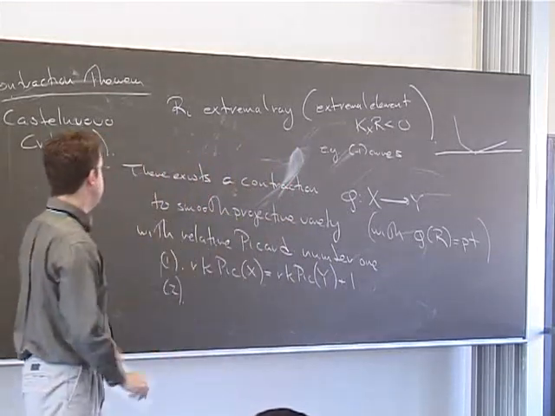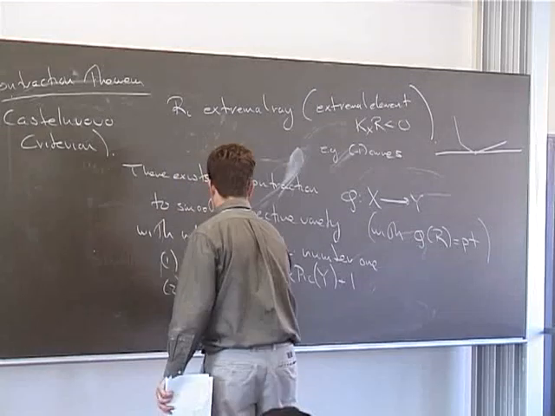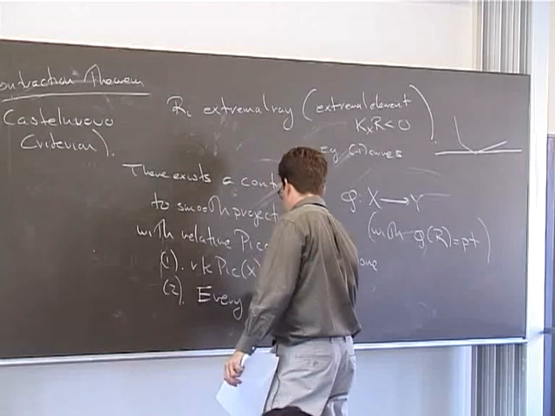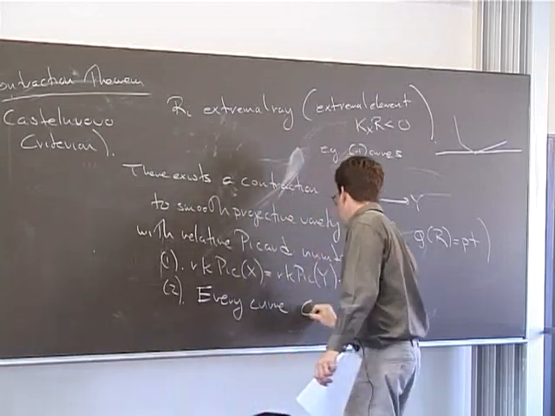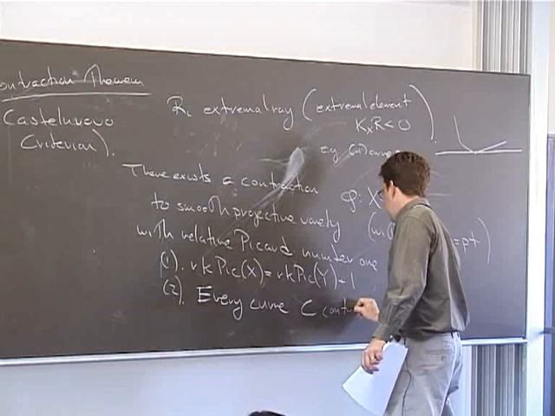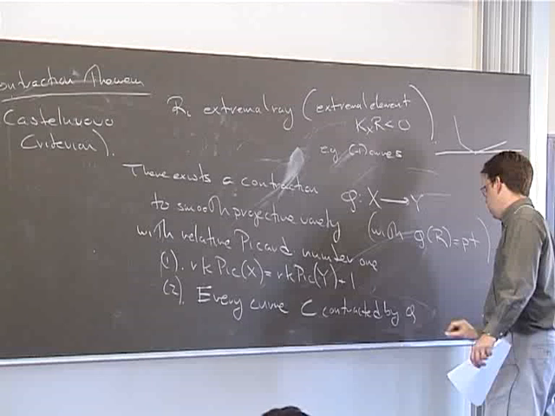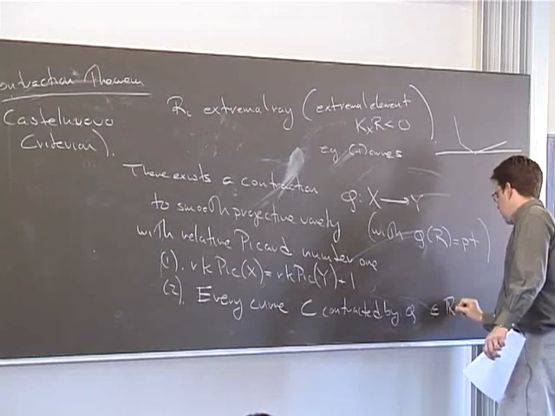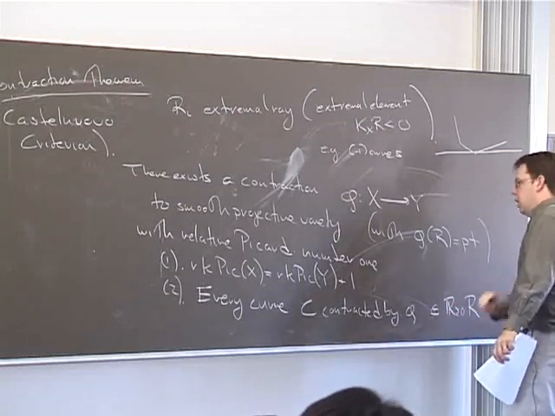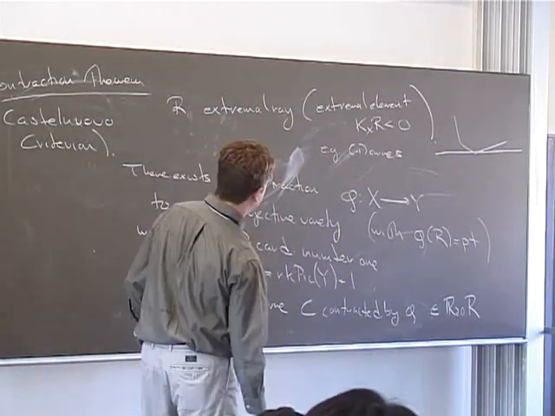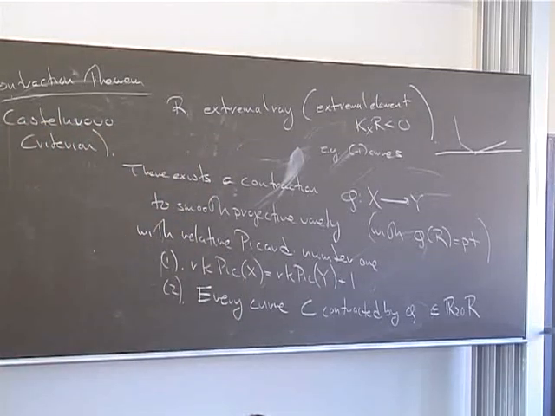Another way of thinking about this is that every curve C contracted by phi is proportional to our extremal ray. So this is a general structure of the contractions.